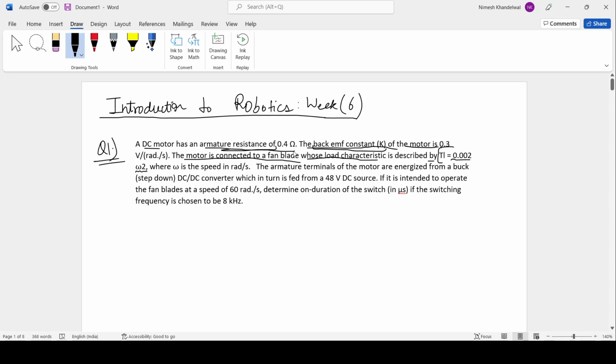Because load characteristic is how the load on the motor, that is most of the times in form of a torque on the motor, varies with the RPM of the motor. Here we have been given that it varies with omega squared. This omega 2 that is written here is actually omega squared.